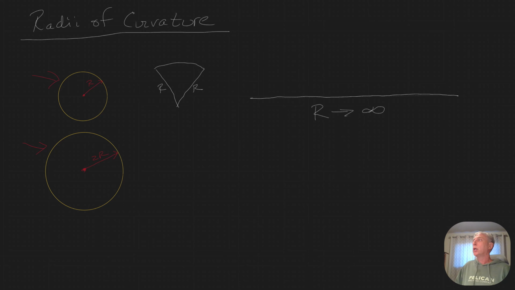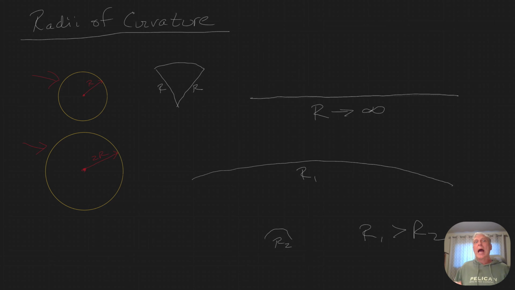a straight line. So if I have a very flat curve, let's say that has a radius of R1. And if I have a much more round curve, for lack of a better word, and we say that has a radius of R2, well, obviously R1 is greater than R2, right?